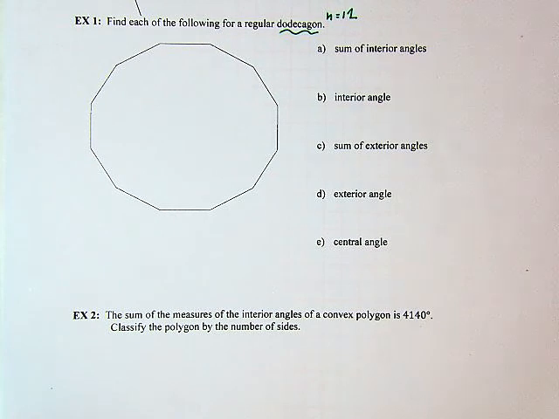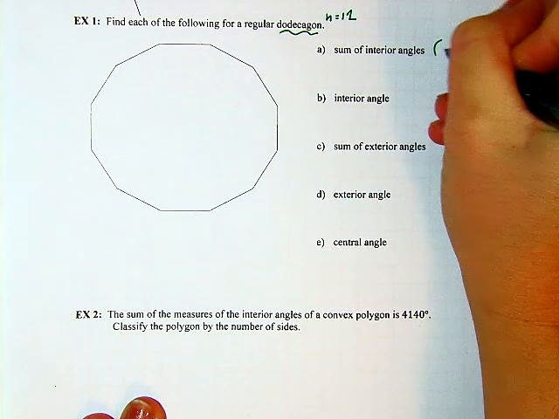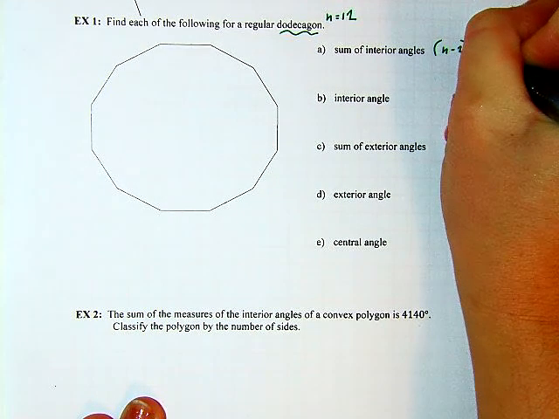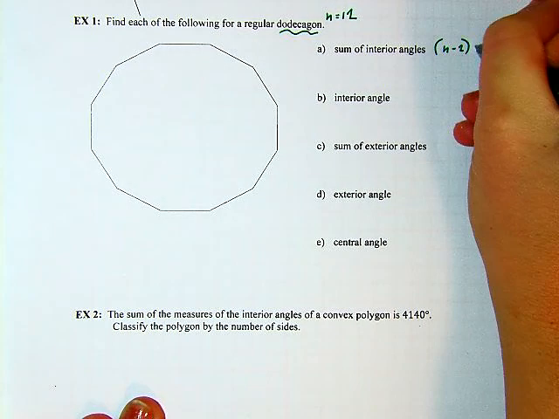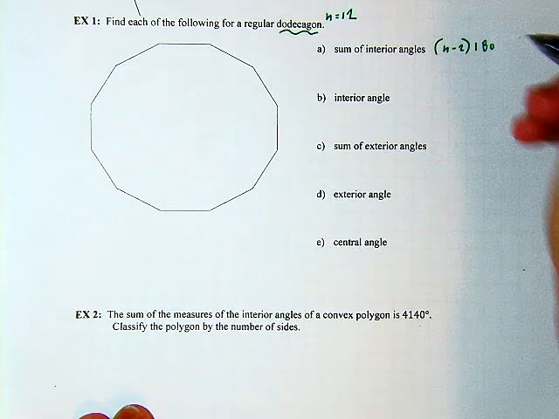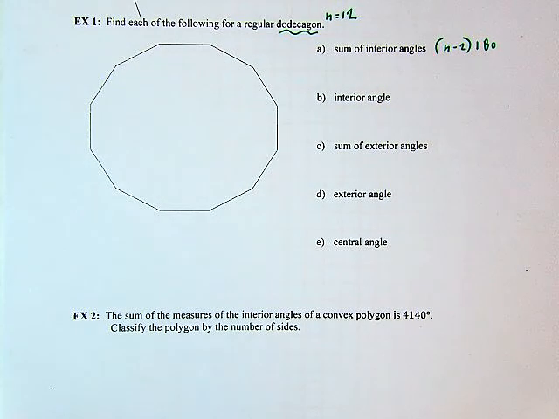The sum of the interior angles, we did this previously. We know that this is n minus 2 times 180. That formula is derived by picking one vertex, connecting all of the diagonals, and finding the number of triangular regions. The number of triangular regions is the n minus 2 part, and 180 represents the sum of the interior angles for any triangle.